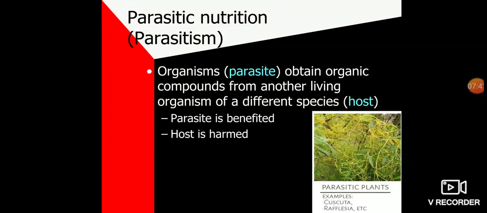It is called Amarbel in Hindi. This plant we can see in the picture as a yellow tubular structure twining around the stem and branches of a tree. In this way, parasitic plants take all the nutrients from the host body.